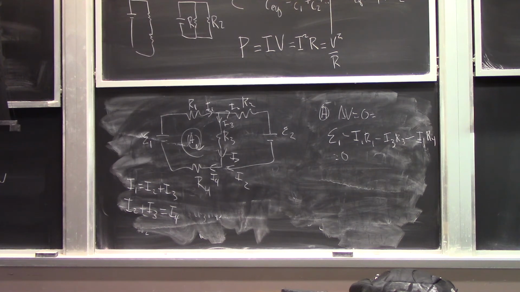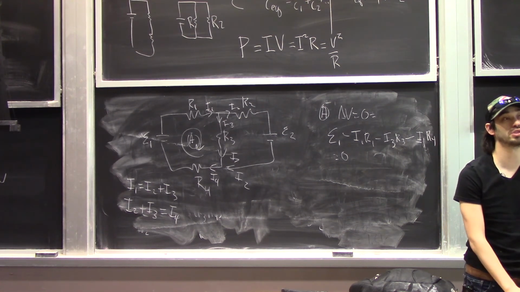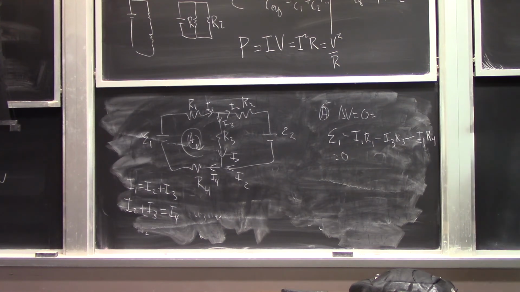Before you move on, does the effect of the battery being there not, since I2 is going around, is the battery not affected in any way? That epsilon 2 for the battery changes what the current was in the first place. So whether I have this battery here or not, the value of the current would be different, right?